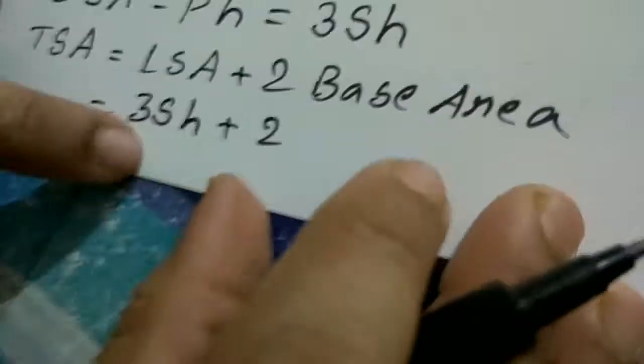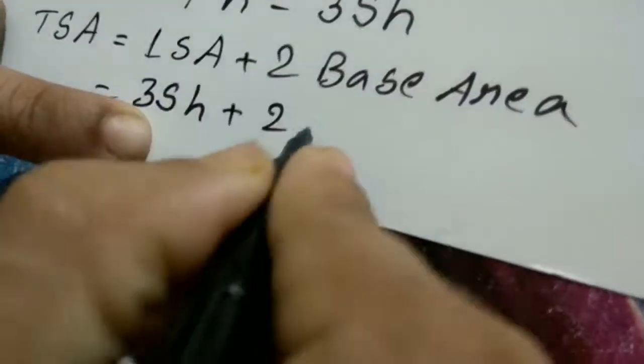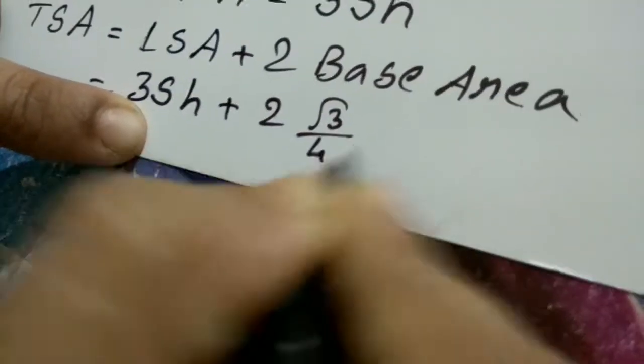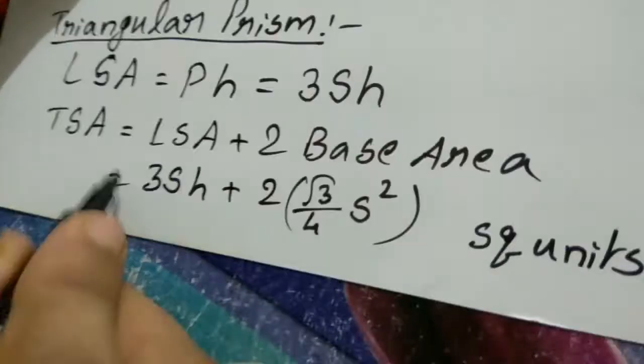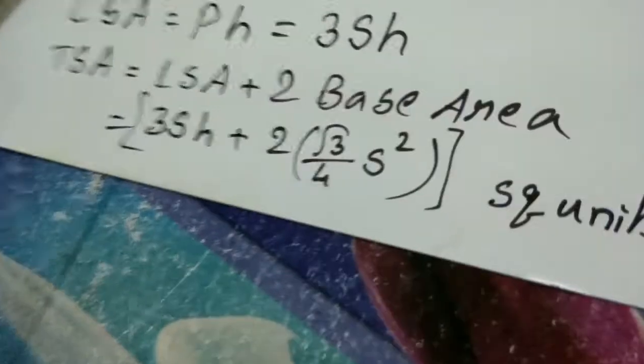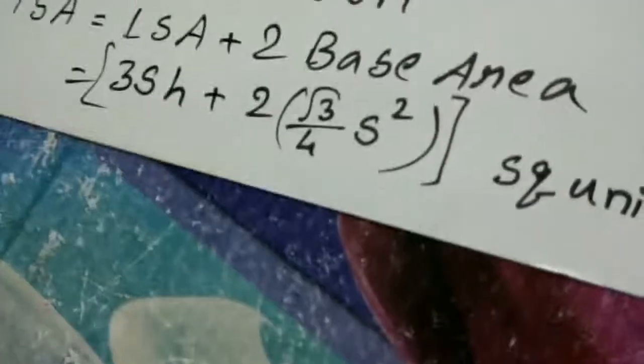If you take s as the side of the equilateral triangle, you will have root 3 by 4 s square as the area, and you can simplify it. If height is given, just half L into B. Got it? Is it easy? Very.